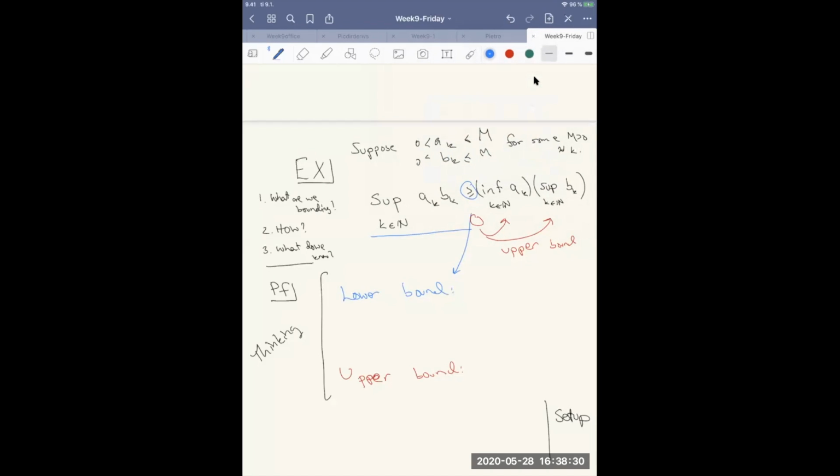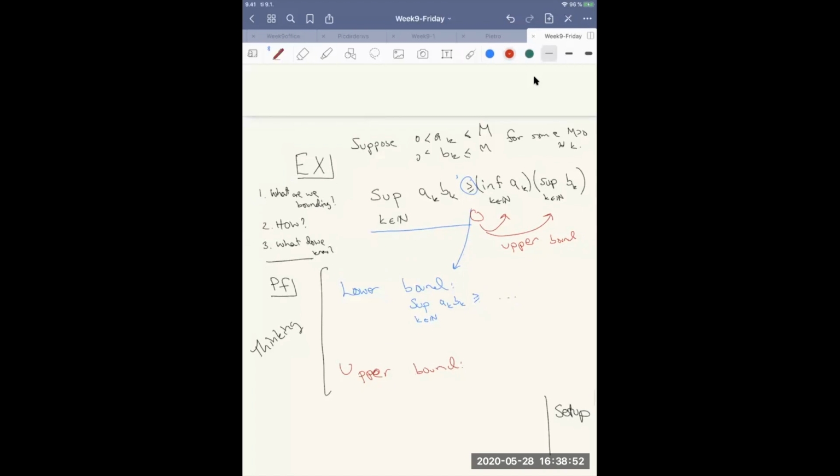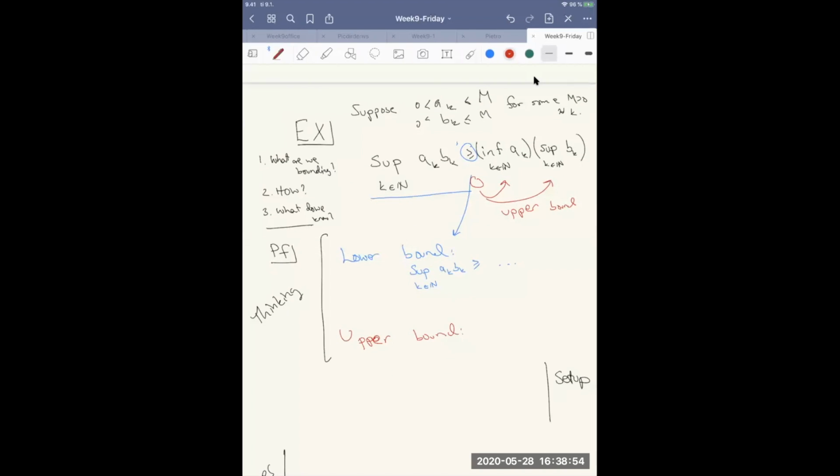Depending on whether you look at this from the left or the right-hand side, it's important to look at both. You see that we are bounding differently. On the left-hand side, we are bounding the supremum from below. But from the perspective of the right-hand side, we are bounding the infimum of a_k from above, because we have a product of two positive things.